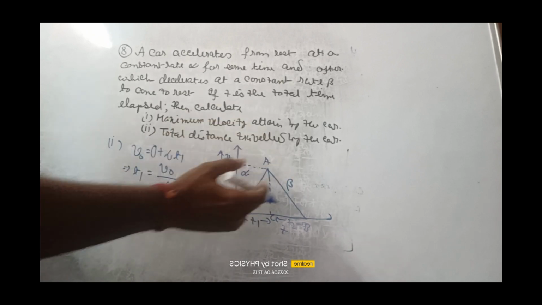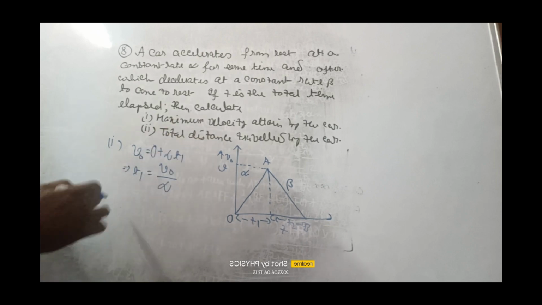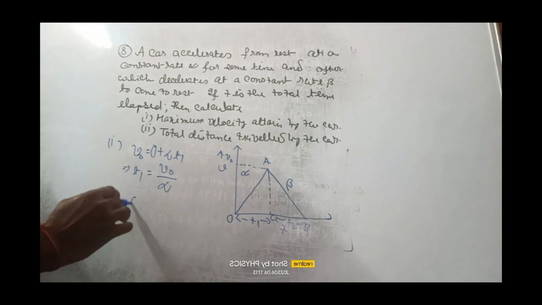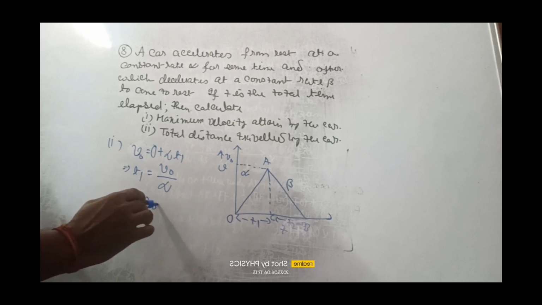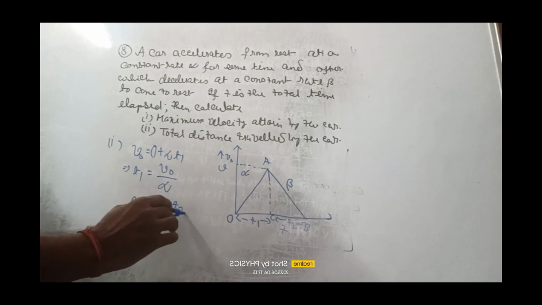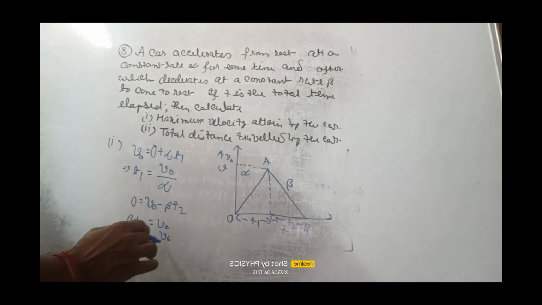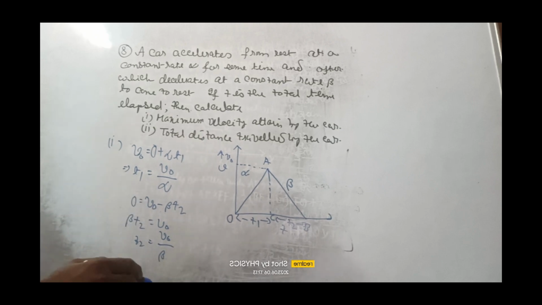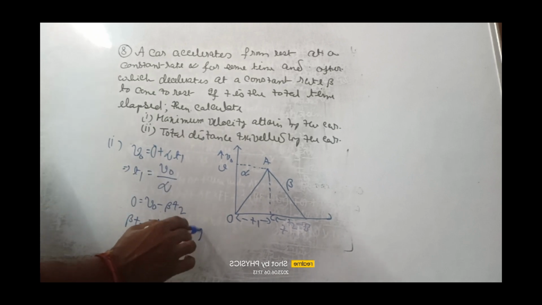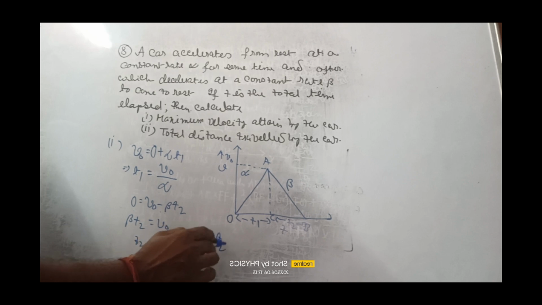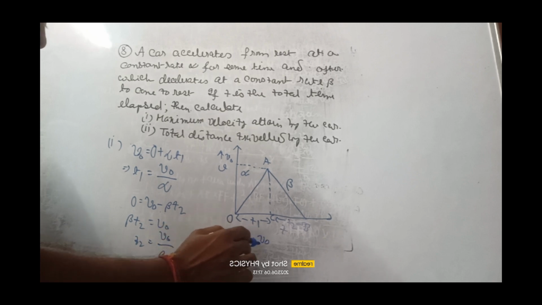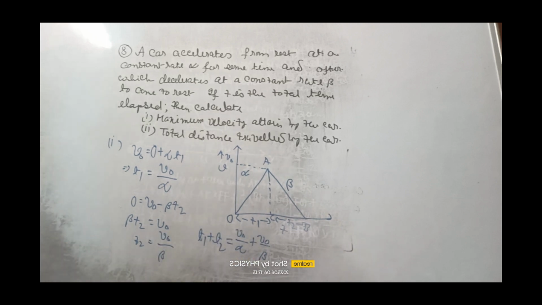Now for the second case, t2 we get in a similar way: 0 equals v0 minus beta t2, that is beta t2 equals v0, that is t2 equals v0 by beta. Now adding these, t1 plus t2 equals v0 by alpha plus v0 by beta.